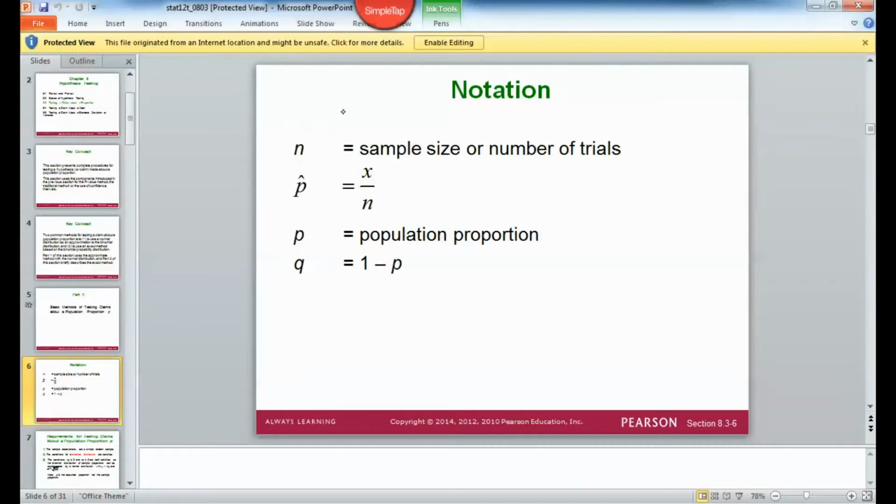Again, we use the same notation with n, the number of trials or the sample size. P hat is that sample proportion you can get. P by itself is the population proportion, and then q is 1 minus p.